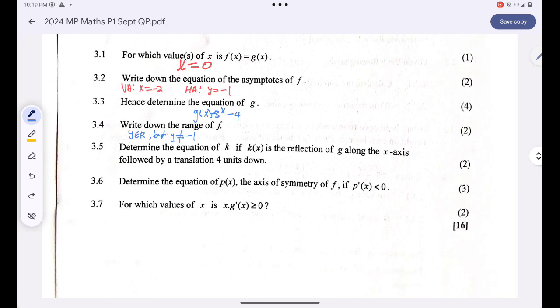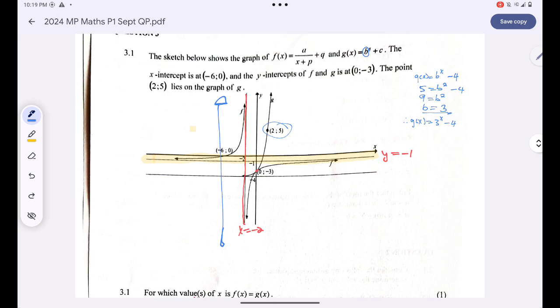And then now I must determine the equation of k, if k is the reflection of g on the x-axis followed by a translation of 4 units down. For us to find k, k of x is basically negative g of x, because whenever you reflect on the x-axis, you are just changing the sign of y.